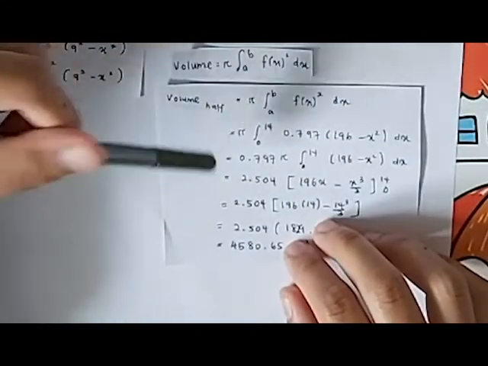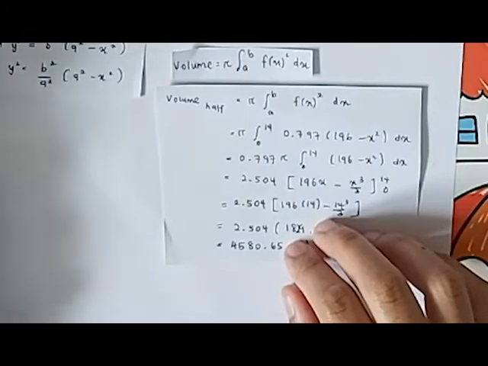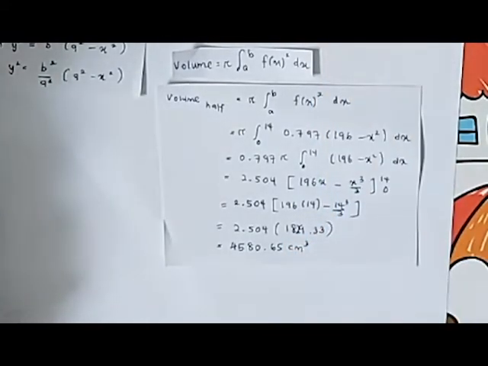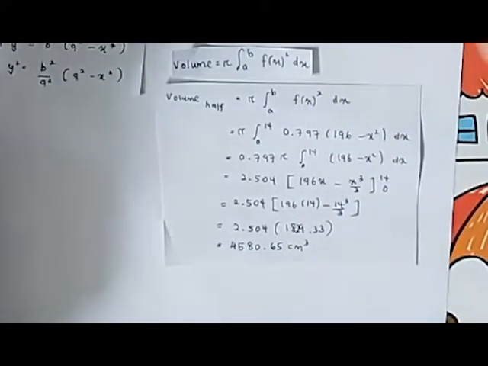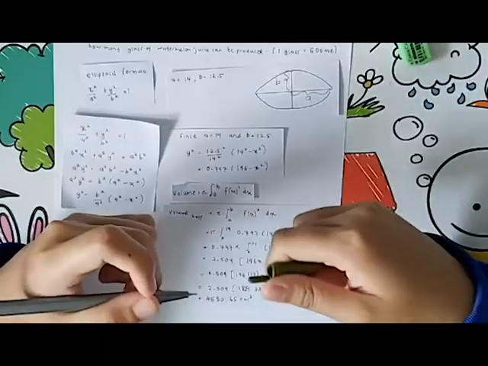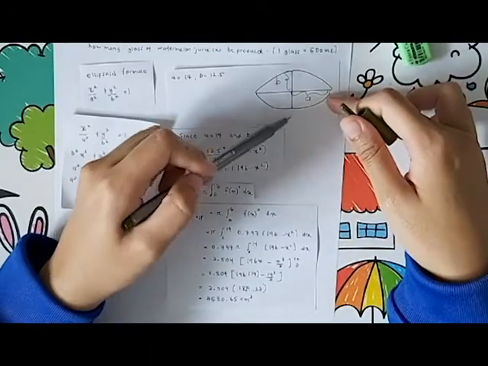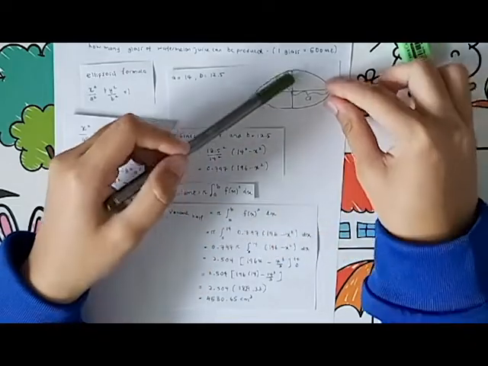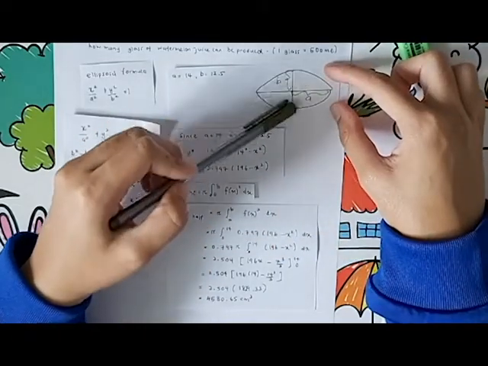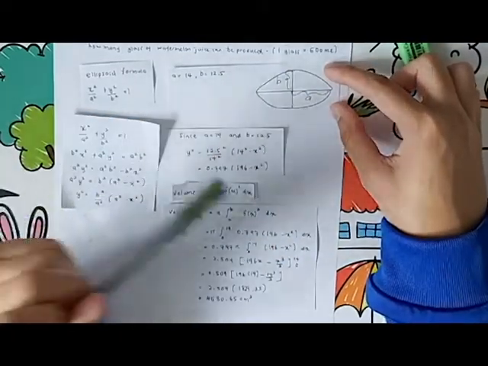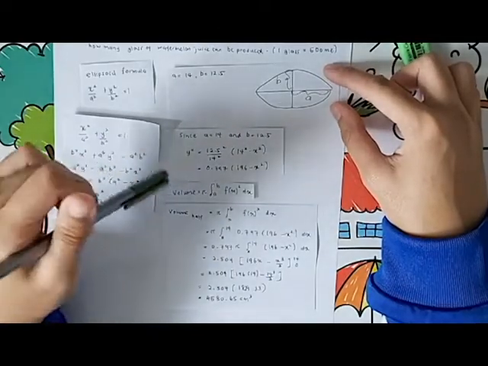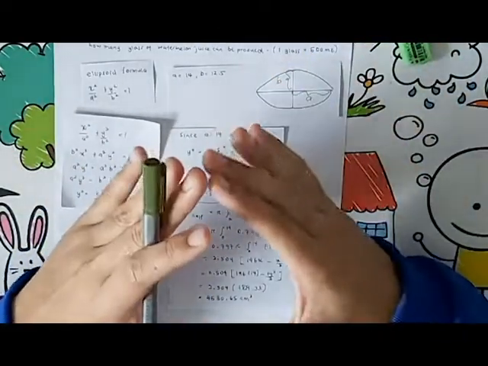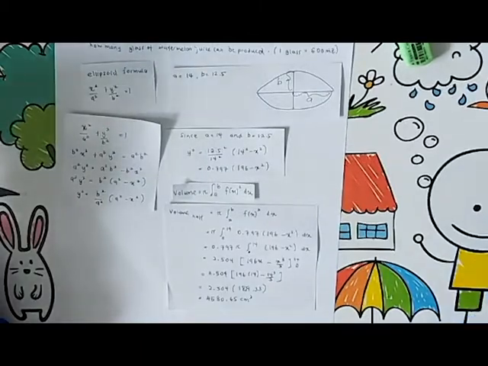Why half? Because the ellipsoid has a shape of half of the watermelon, not full. Ellipsoid is half, only half. So you are finding half of the watermelon now. Later we will multiply by 2 so that you can get the full shape of the watermelon.